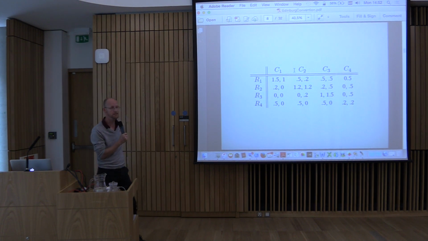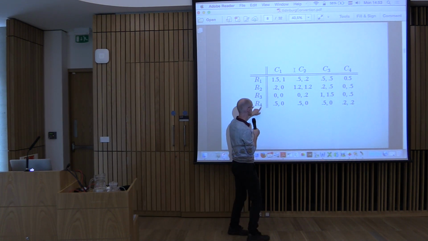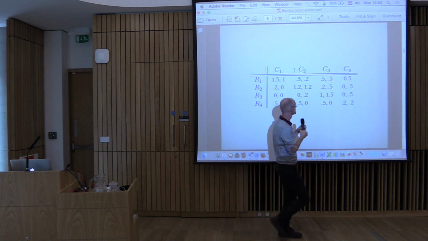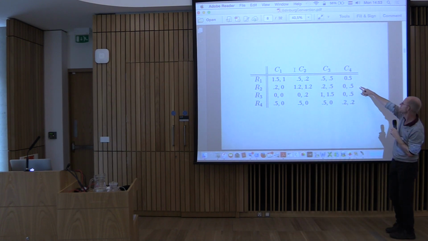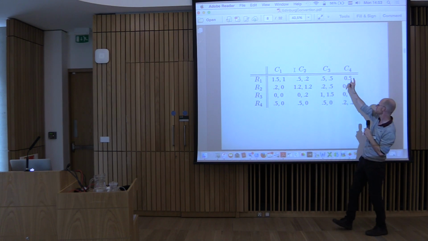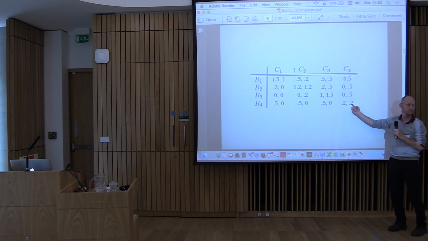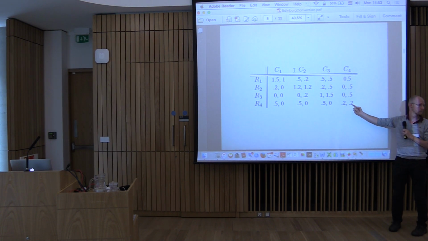So R4, C4 is also a Nash equilibrium. Why is that? Well, suppose that the row player plays R4. What is the best thing for the column player to do? C1, C2, C3, or C4? So you should compare this, and this. So what should he do? C4. Yeah?